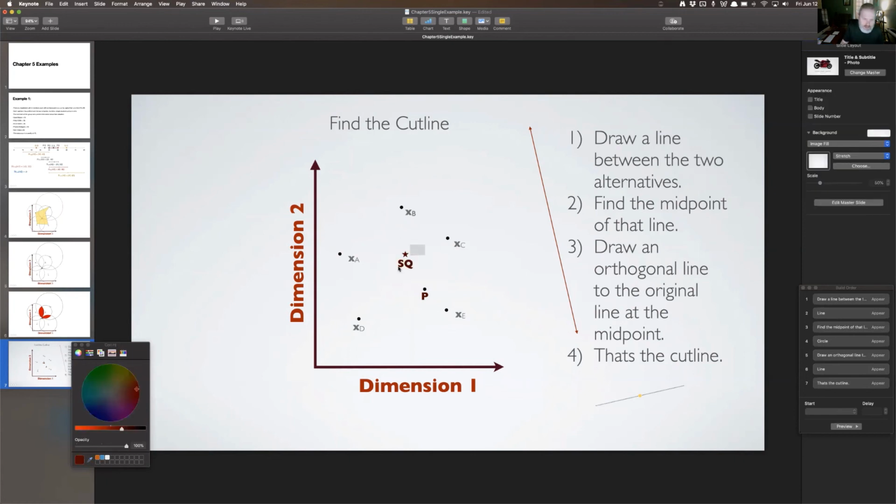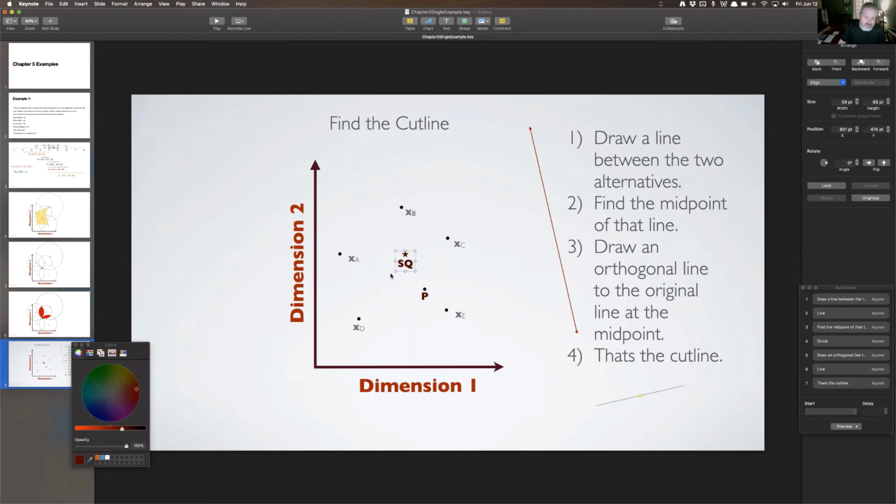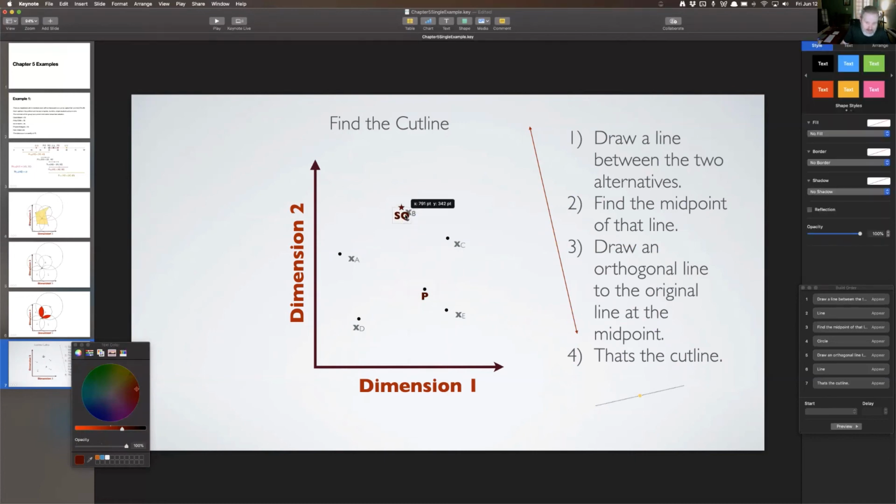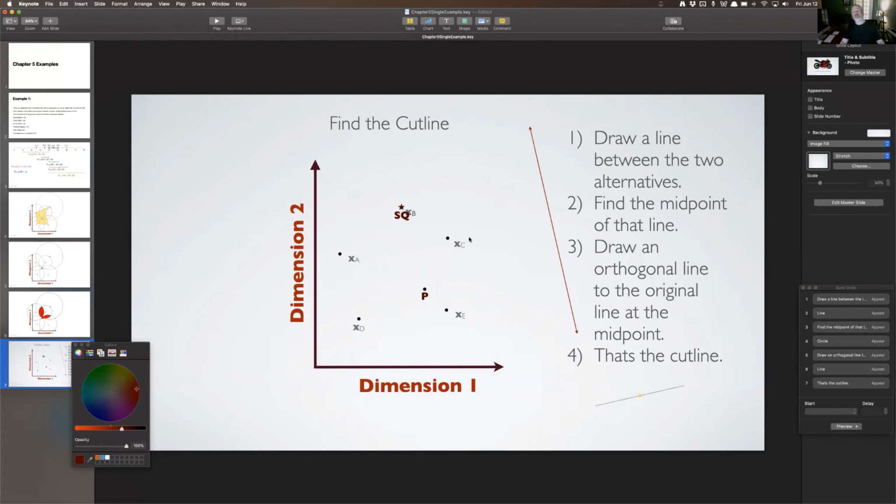All right, so there's the status quo. I'm going to group that back up. So let's put the status quo at person B's ideal point. Okay, so person B's ideal point is the status quo.